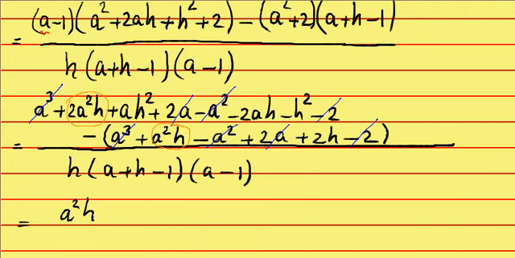Now I have other elements to write. I write a h squared, so I took care of that. I have minus 2ah. I wrote that one also.